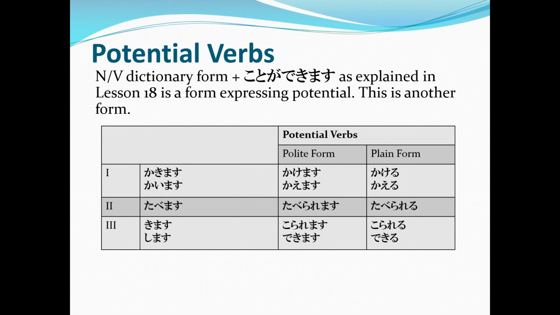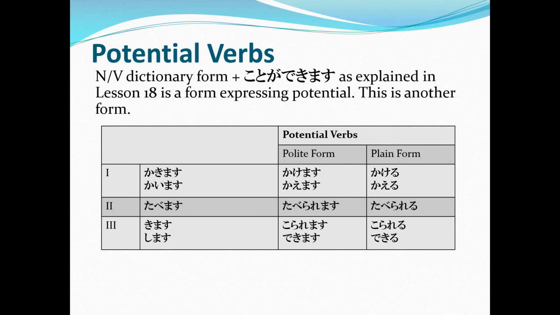So for example, we have, of course, our favorite, benkyo shimasu, to study. Now, if you want to transform it into a potential verb in its polite form, remove the shimasu and add dekimasu. So it will become benkyo dekimasu, or can study.